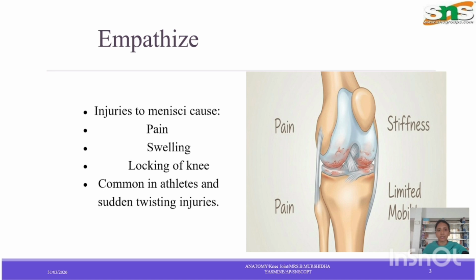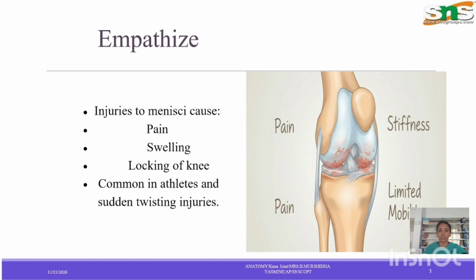To empathize why there is a need to study the knee joint: an injury to the meniscus or to any of the surrounding structures of the knee joint will cause pain, swelling, stiffness, and locking of the knee joint, which is commonly seen in athletes and in sudden twisting injuries happening in any kind of person.